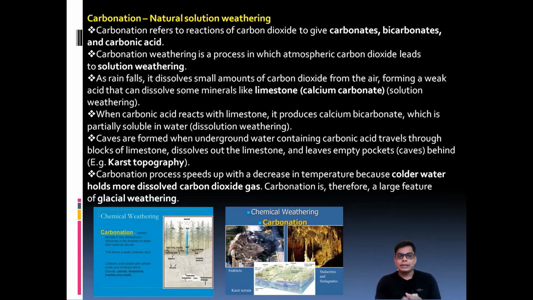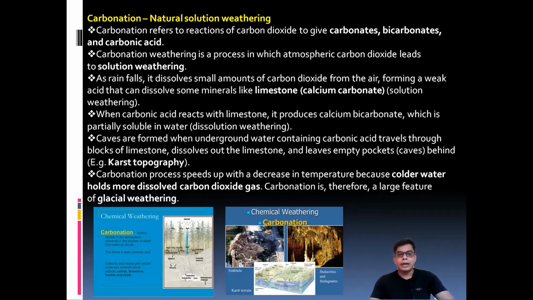Carbonation also increases with a decrease in temperature, because colder water holds more dissolved carbon dioxide gas. Carbonation is a large feature of glacial weathering. So this is all about carbonation.